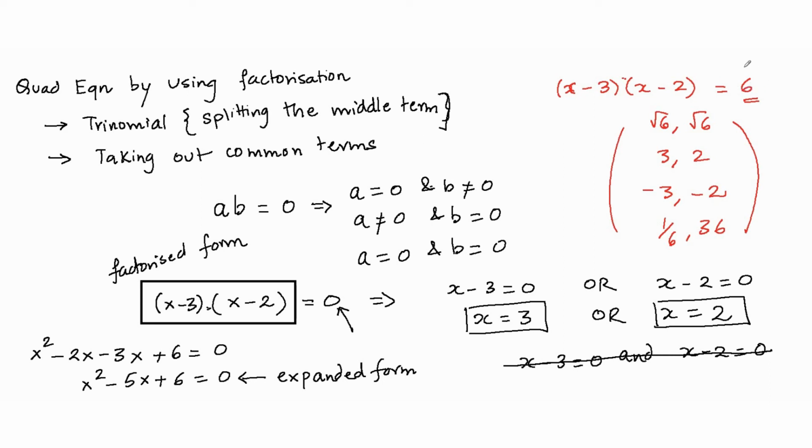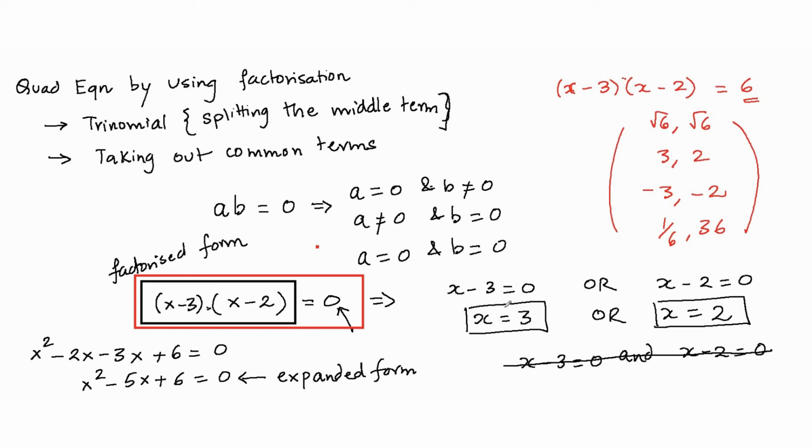However, if the right hand side is 0, as is the case in the given equation, we know that there is a fixed way of predicting our numbers. If the product of two numbers is 0, it means one of those two numbers has to be a 0. So this is the exact property that we exploit in the method of factorization.